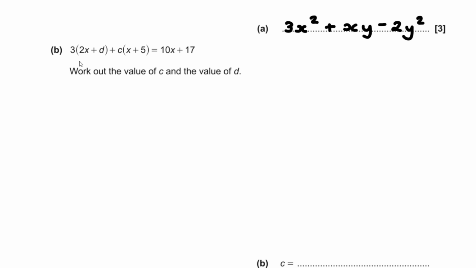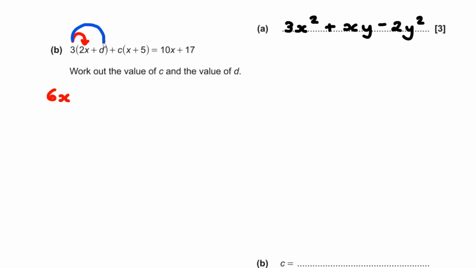Part B, we have 3 multiplied by 2x plus d, plus c multiplied by x plus 5, equals 10x plus 17. We have to work out the value of c and the value of d. Well, I have 3 times by 2x, which is 6x.